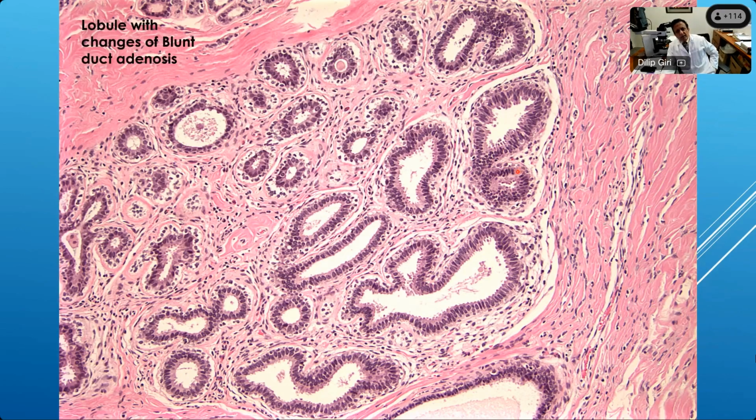So nobody paid attention to this, but Dr. Schnitt started paying attention because this was some kind of a theme emerging in his cohort of patients.